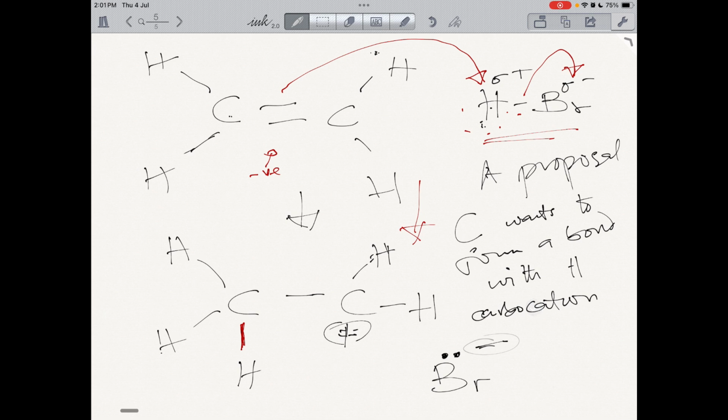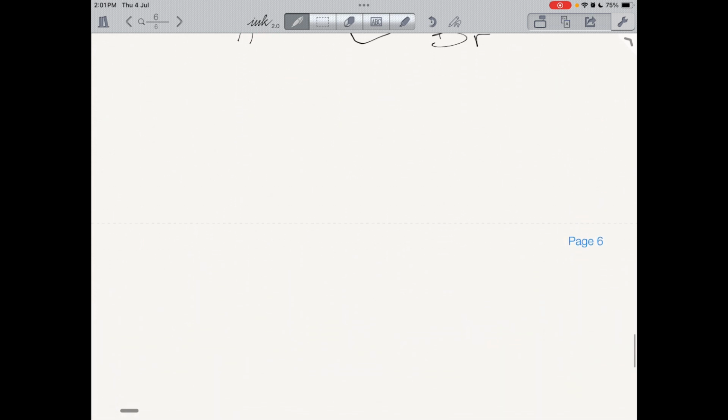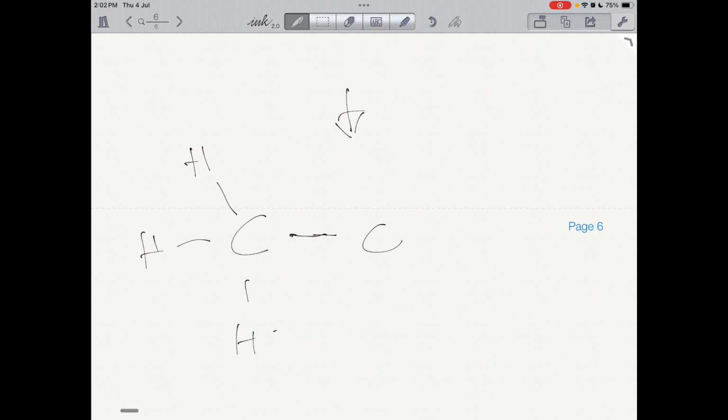Because of this lone pair, it is very possible for it to attack this carbon that is positively charged in the carbocation. As it attacks, you end up with a final product: carbon, carbon, with three hydrogens around one carbon and two hydrogens on the other, and the bromine that attacked gives us the bromine here.